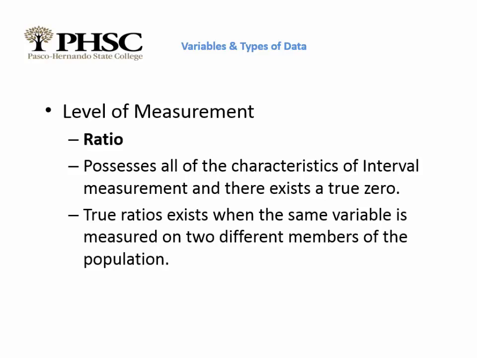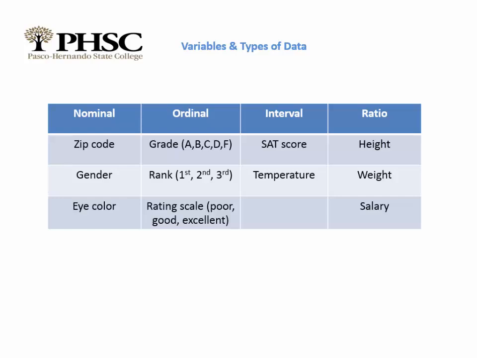And then the last one is ratio. Ratio possesses all the characteristics of interval measurement, and there exists a meaningful 0. True ratios exist when the same variable is measured on 2 different members of the population. Here are some examples. Nominal would be zip code, gender, eye color. Ordinal would be the grade that you receive in a class, or rank, first, second, or third, or a rating scale, poor, good, excellent.